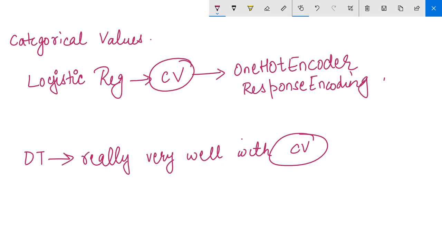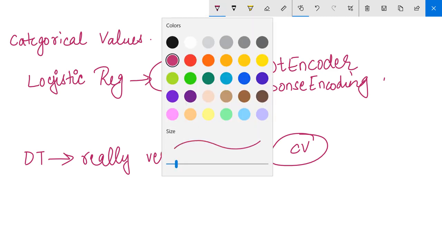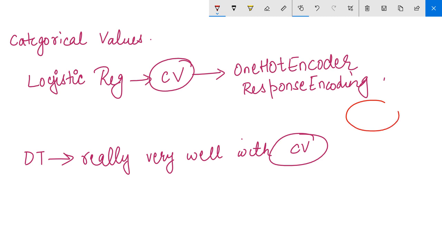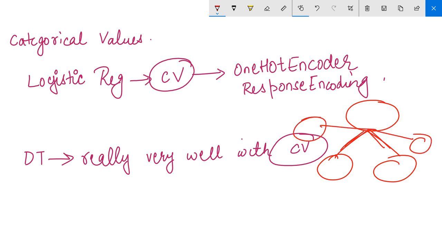And also one more thing, in decision tree, usually there is a binary tree, like if this is my root node, and this is 2, binary is 2, right? So there is a binary tree, but there are chances where you can even expect more than 2, like even 3 or 4.